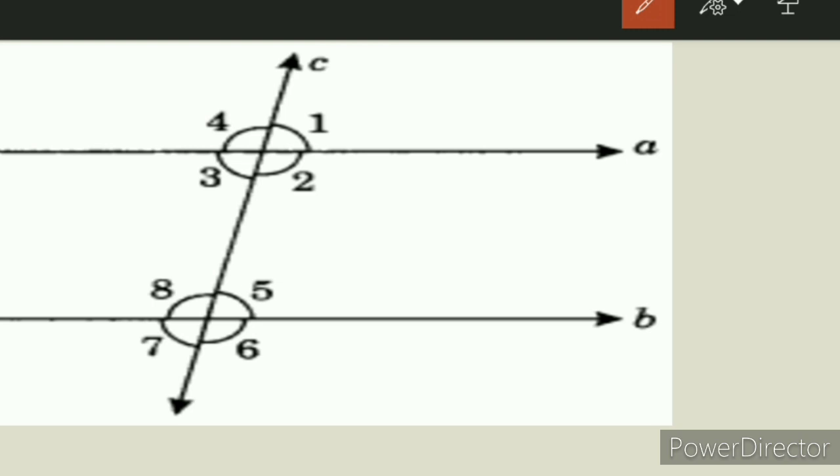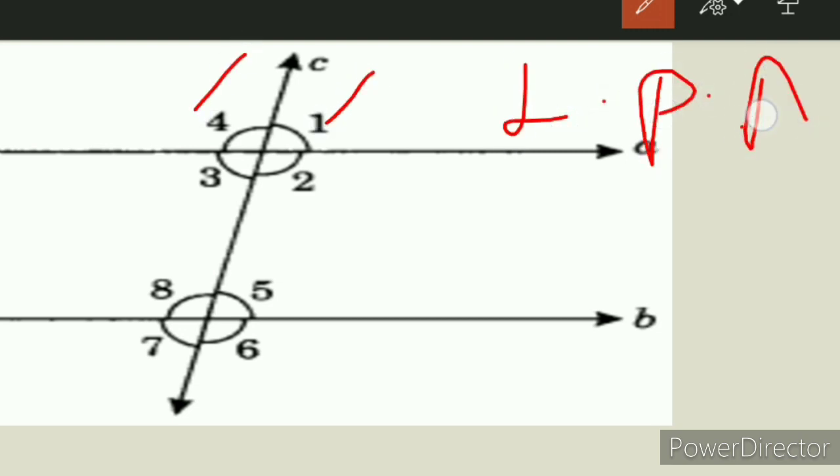Now these numbers 1, 2, 3, 4, 5, 6, 7, 8 represent the angle names. Okay, 1 and 4 are a linear pair of angles. There are 4 pairs: 1 and 4, 2 and 3, 5 and 8, 6 and 7.